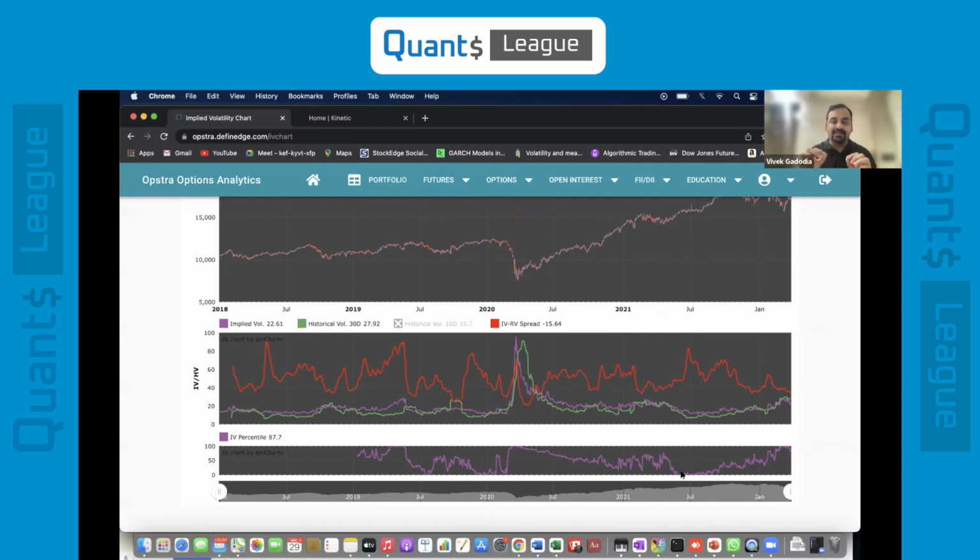So IVP tells where the IV is in relation to its historical data. The IV can be any number, right? But the IVP will always be between 0 to 100. So we'll see how this will help us simplify life when we build the rules.